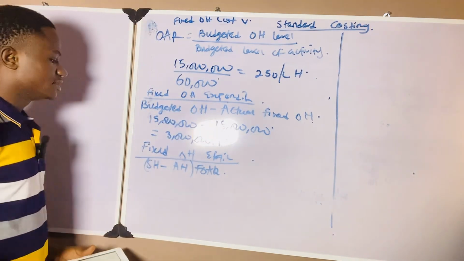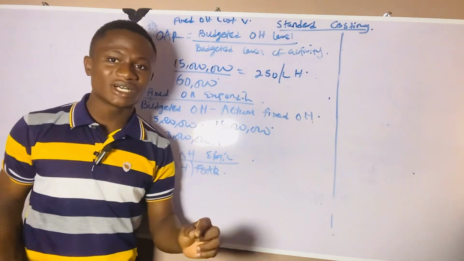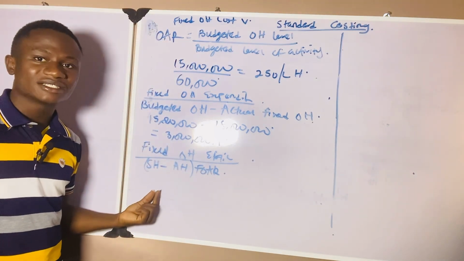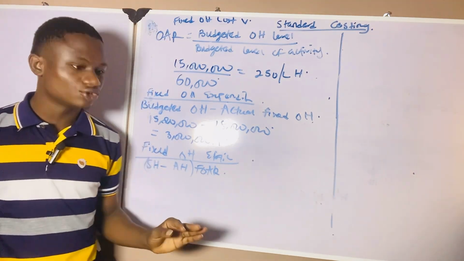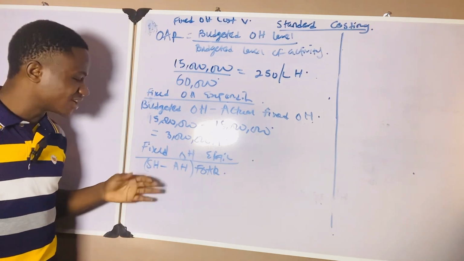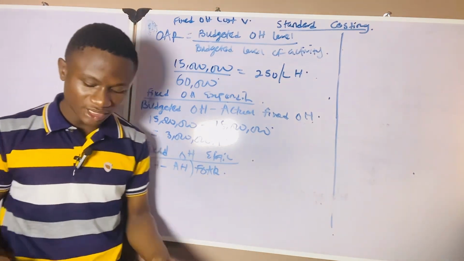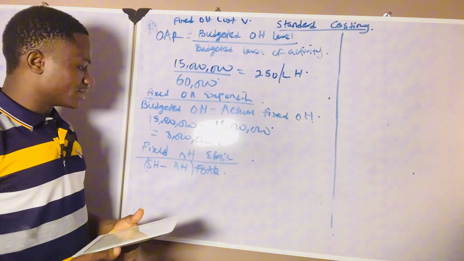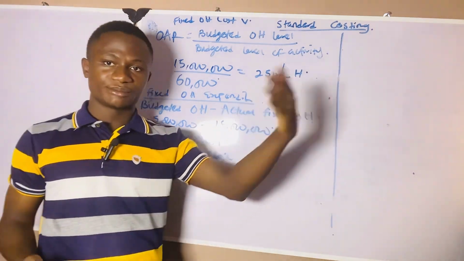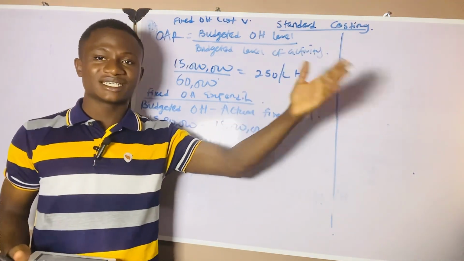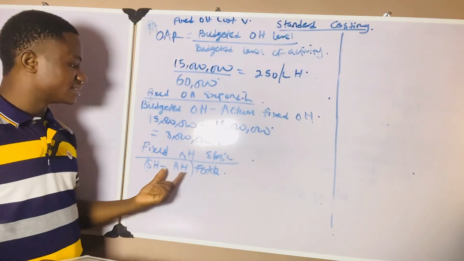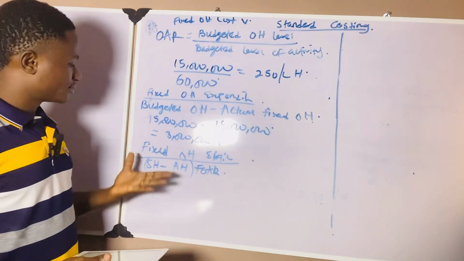Now, how do I get my standard hours? Instead of using any actual figure to calculate standard hours, we are going to use all our standards to calculate our standard hours. So what is my standard hours? That means in my budgeted or standard information, how many hours do I intend to spend on fixed overhead?